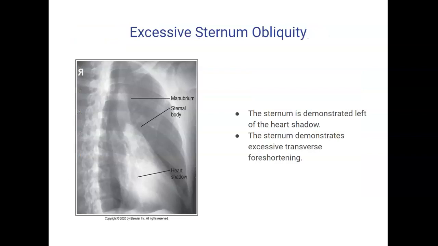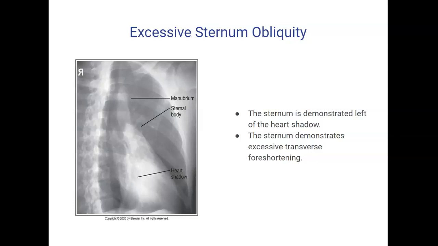So let's talk about how we know if we are excessively rotated, meaning too much, versus under rotated or insufficiently rotated. Now we know that rotating the chest and sternum until the mid-coronal plane is angled 15 to 20 degrees with the IR is sufficient to position the sternum away from the vertebral column and beneath the heart shadow.